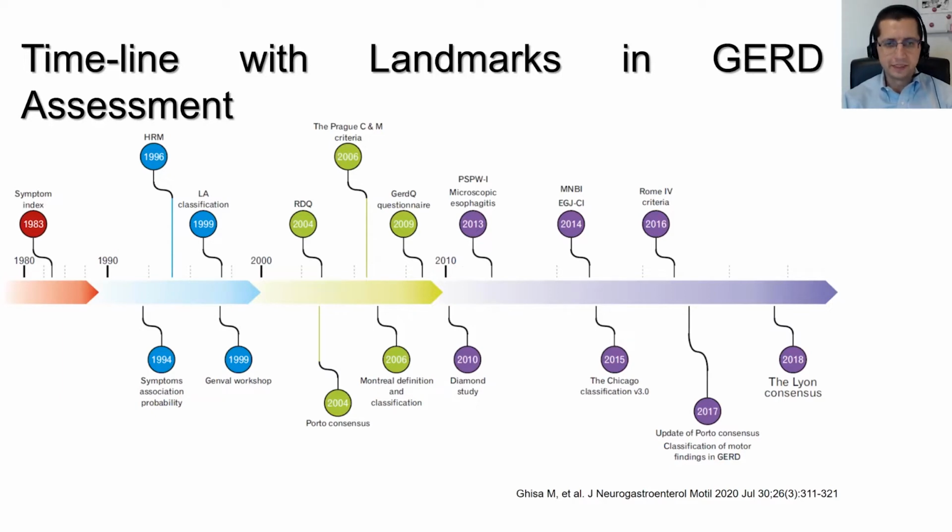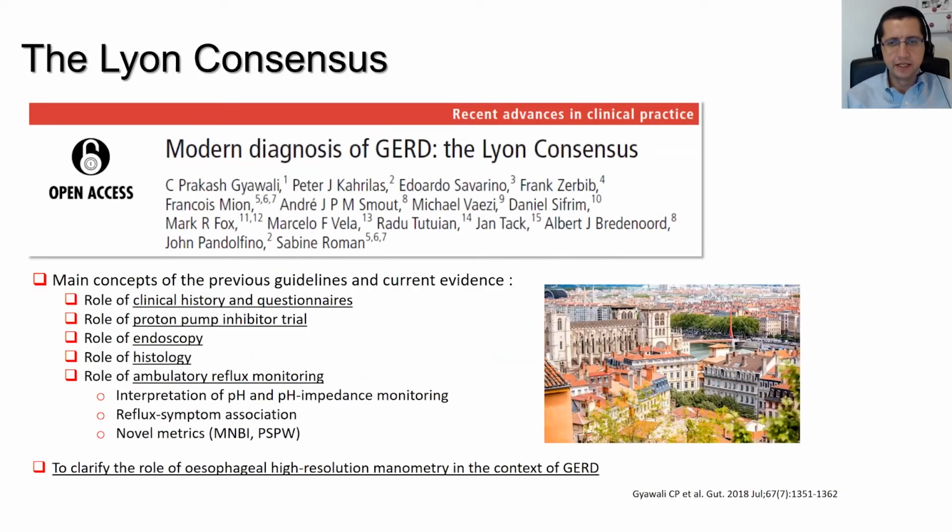This is a cartoon which depicts the evolution of the main landmarks in GERD assessment until the Lyon consensus that was published in 2018 and is the main topic of our discussion today.